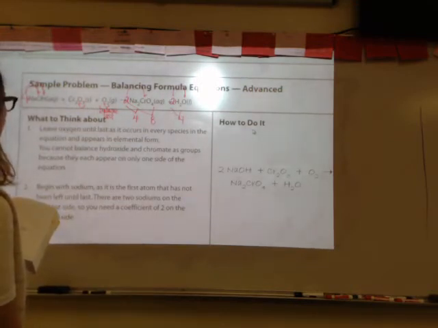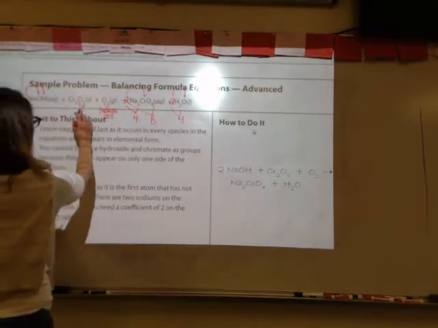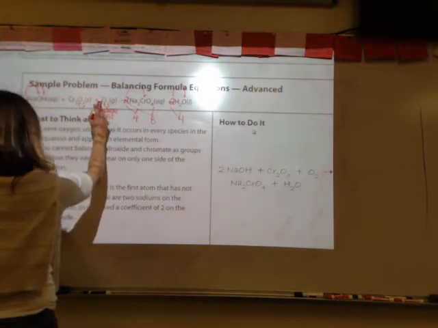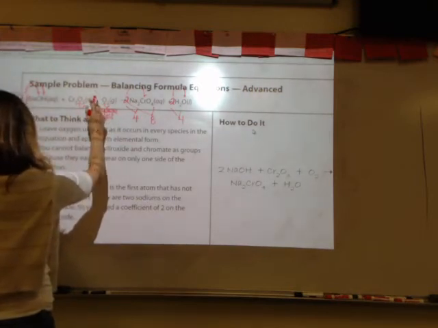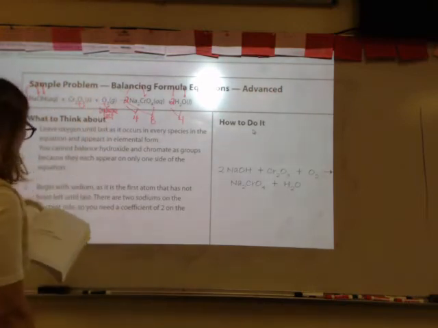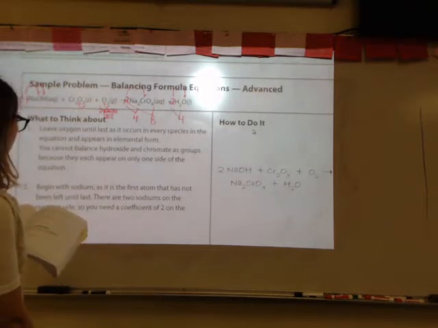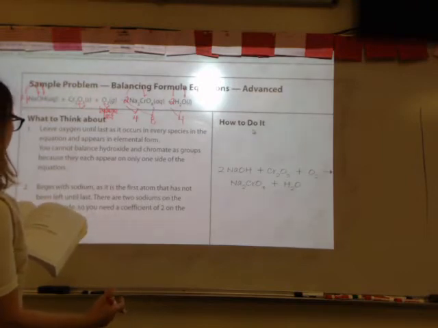So if I want 10, and I have 4 plus 3, which is 7, and this is 9, if I can somehow put a fraction in front of O2, and I can eliminate that fraction by multiplying all the coefficients by a common number, then that would help me balance it.